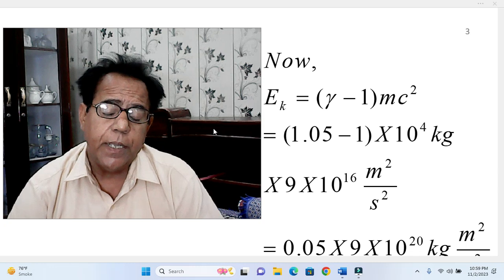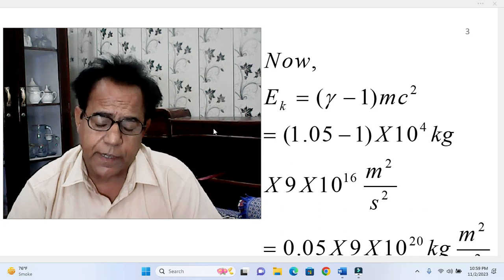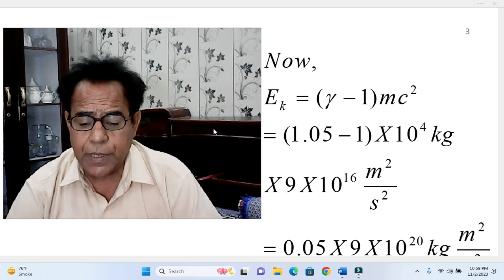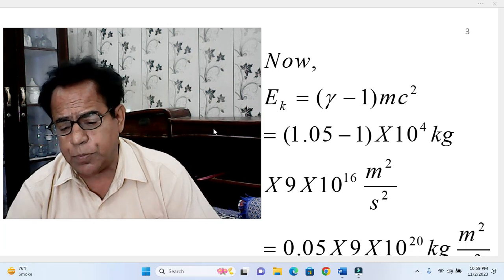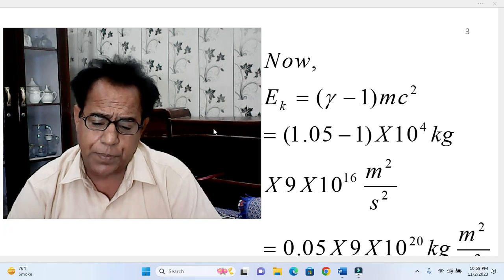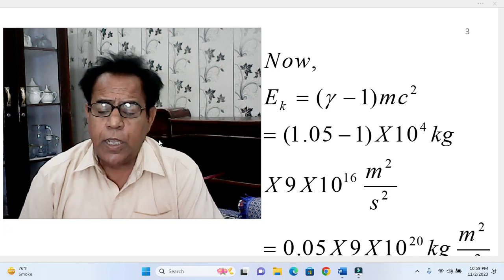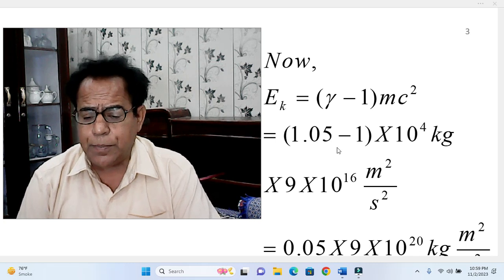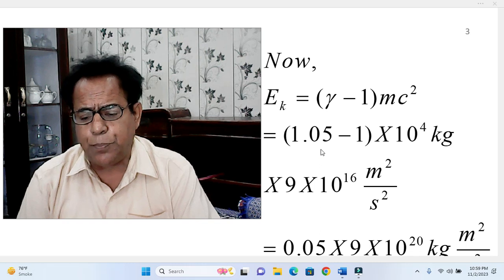Moreover, the value of c is 3.0 into 10 raised to the power 8 meter per second, and here c is in square, so 3 will become 9 and 10 raised to the power 8 will become 10 raised to the power 16, and meter per second will become meter square per second square. When we subtract 1 from 1.05, it becomes simply 0.05.